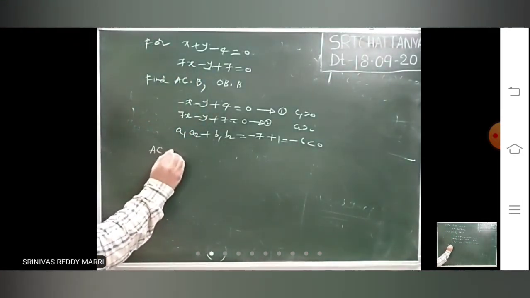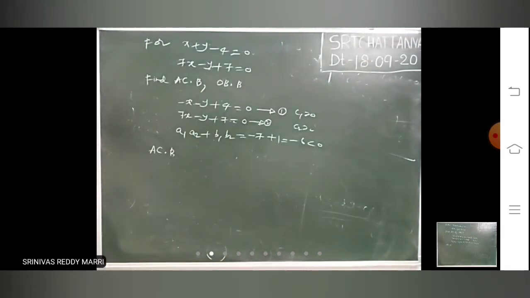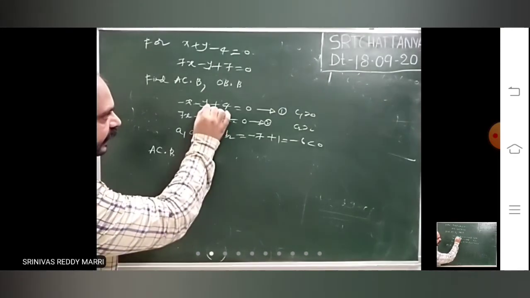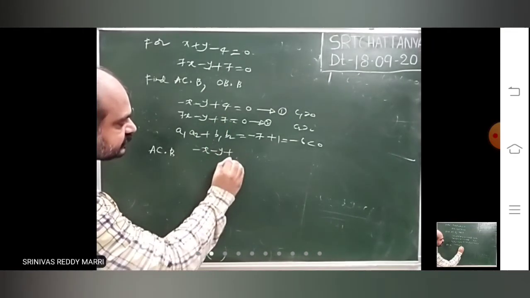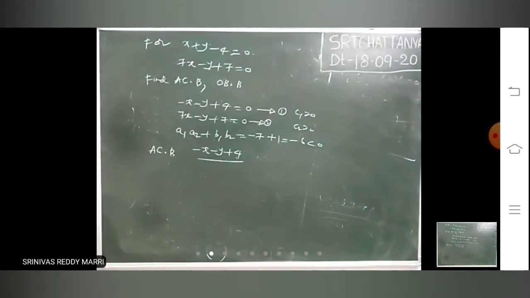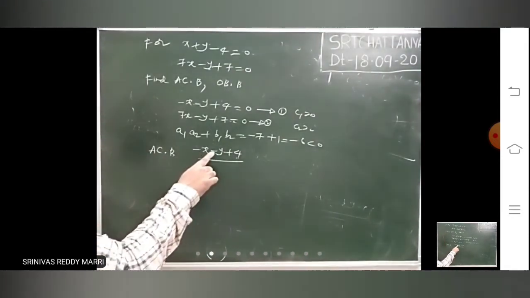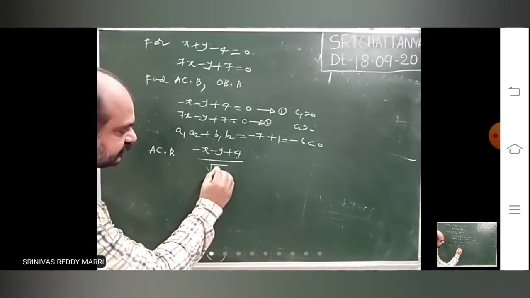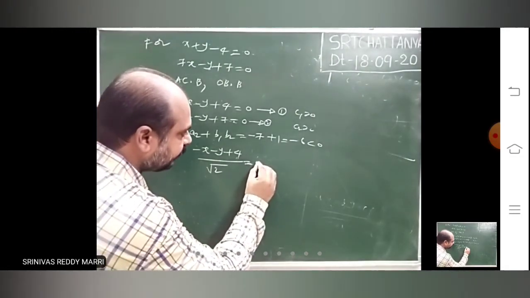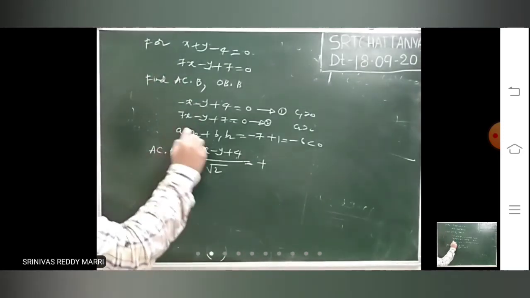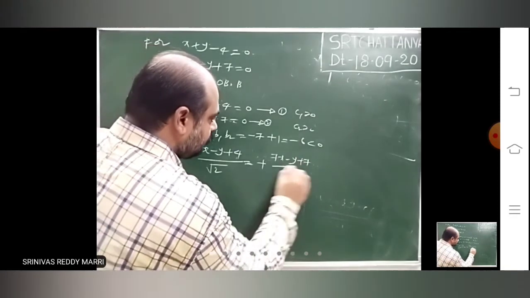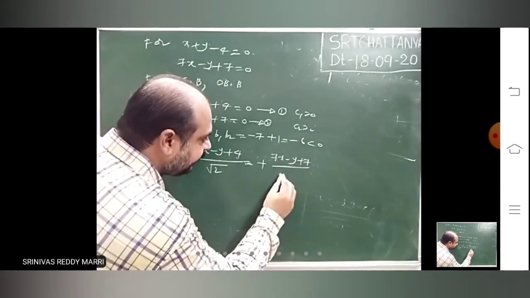Therefore, acute angle bisector is nothing but, you write this line minus x minus y plus 4 divided by root of a1 square plus b1 square, root 2, equals plus the other line divided by root 50.